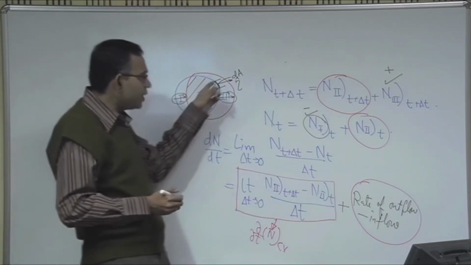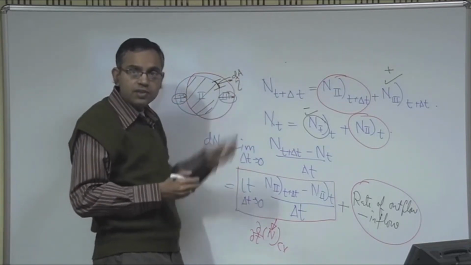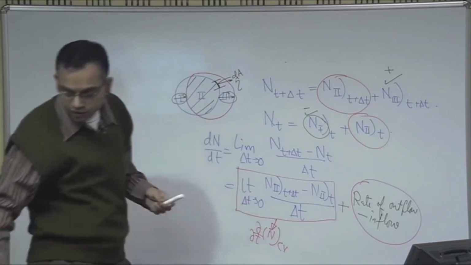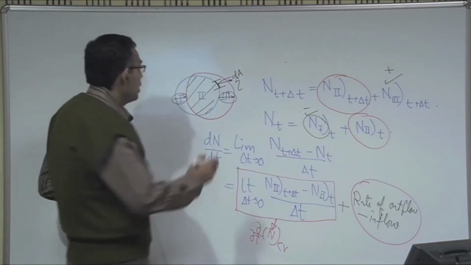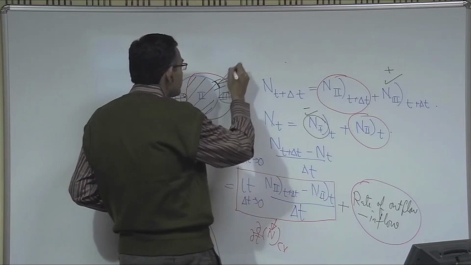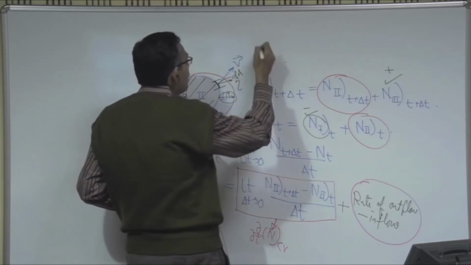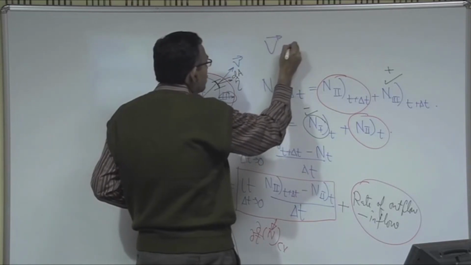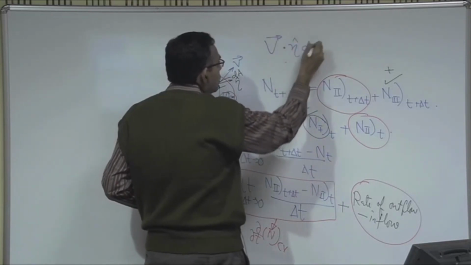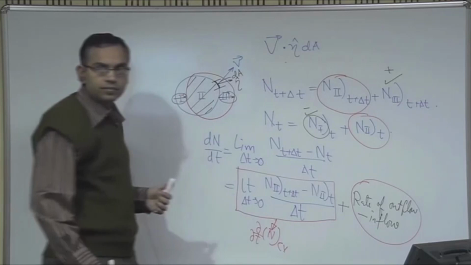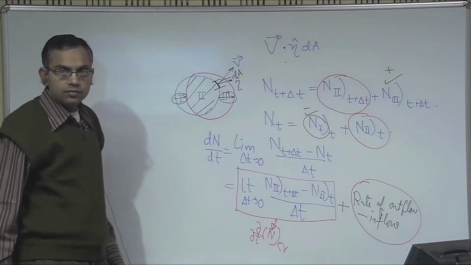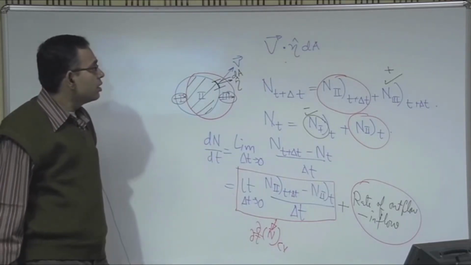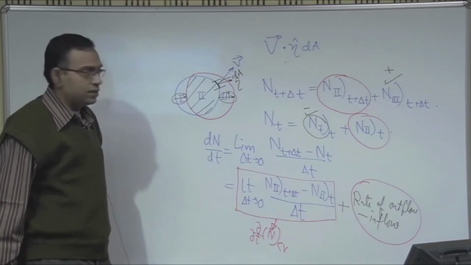The normal component of velocity times the area dA. So if v is the velocity, then we have v dot eta dA, okay. So this is the volume flow rate.